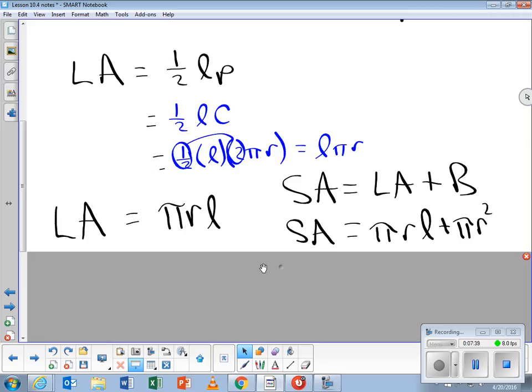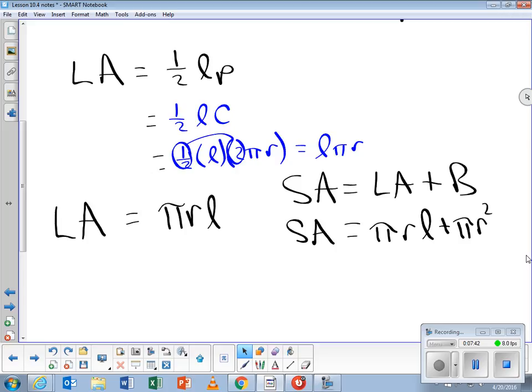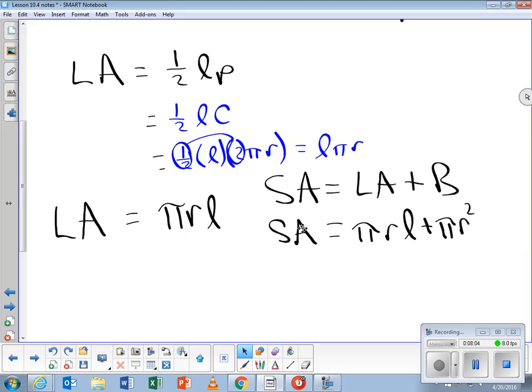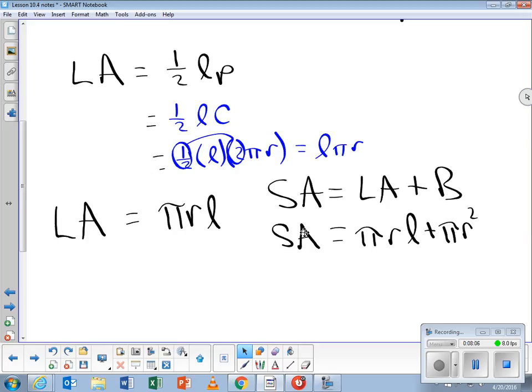So lateral area of a cone is pi RL, and when we put that into our formula for surface area, we get pi RL, and then Olivia already told us the area of the base is pi r squared, so we get pi RL plus pi r squared.